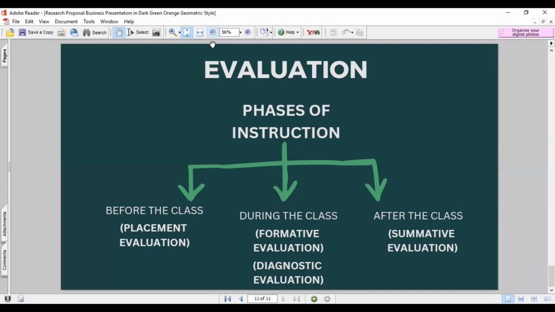Now during the class you do formative evaluation, which is in terms of feedback. So all the question answers which are done informally in the flow of the session, that is formative evaluation.